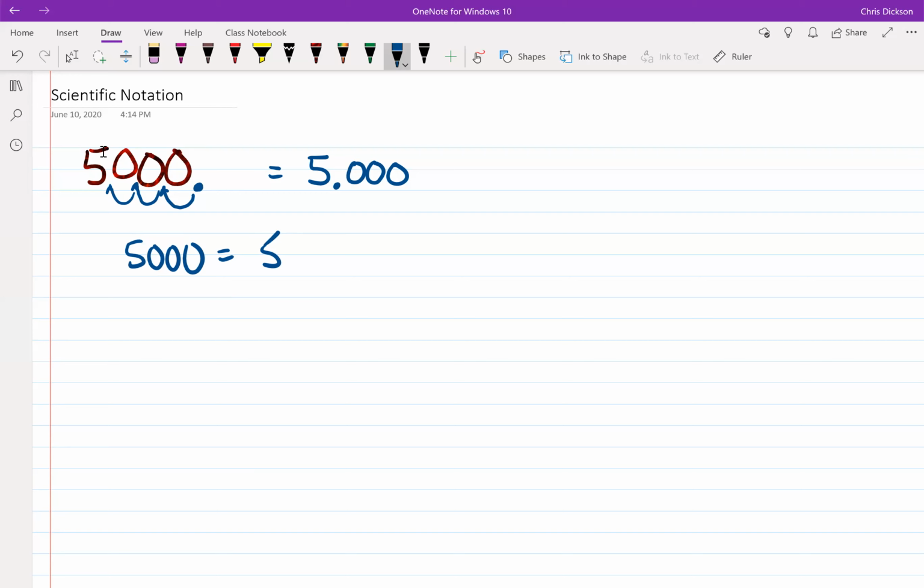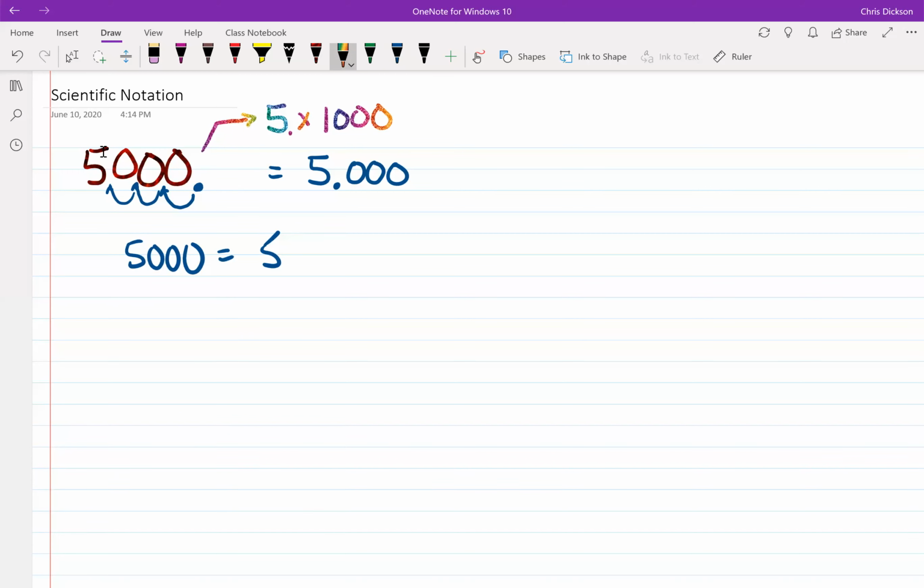If we look at what 5,000 is, let's do a breakdown of this number. 5,000 is really 5 multiplied by 1,000. Now if you look at the 5 I've written, the decimal point is right beside the 5.